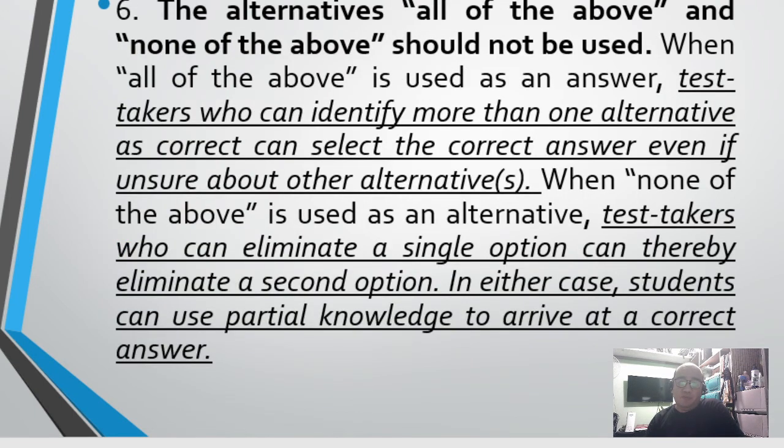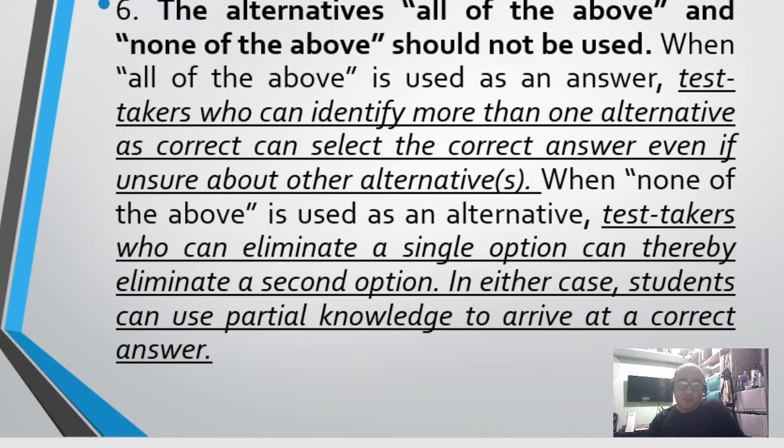The alternatives all of the above and none of the above should not be used. Why? When all of the above is used as an answer, a test taker who can identify more than one alternative as correct can select the correct answer even if unsure about the other alternatives. Likewise, when none of the above is used as an alternative, test takers who can eliminate a single option can thereby eliminate the second option.